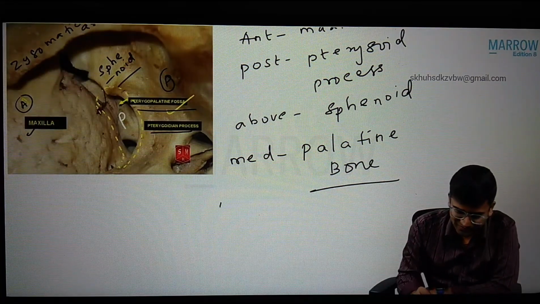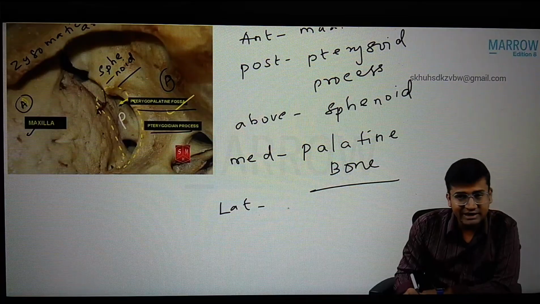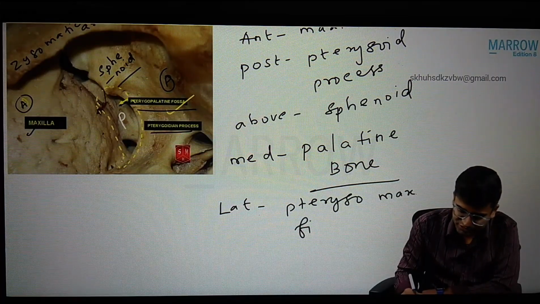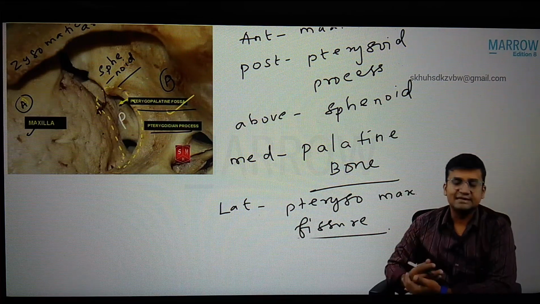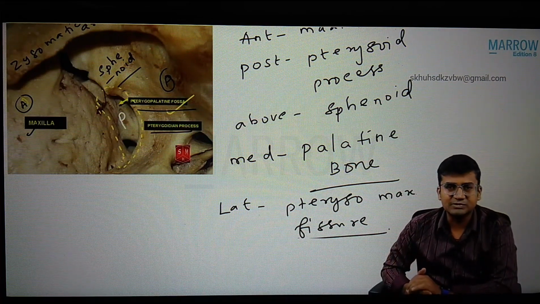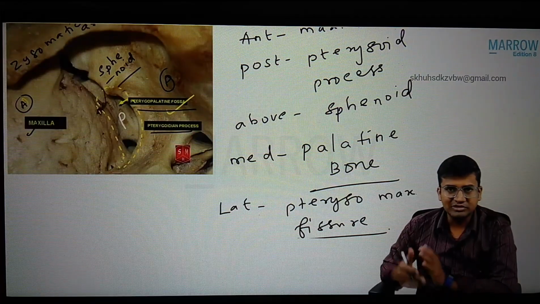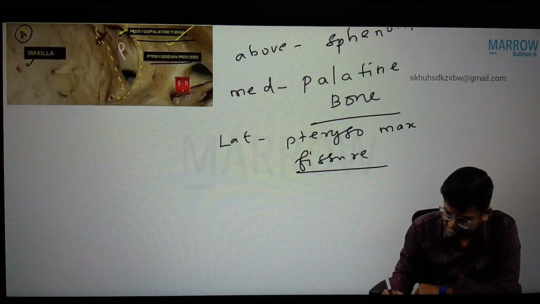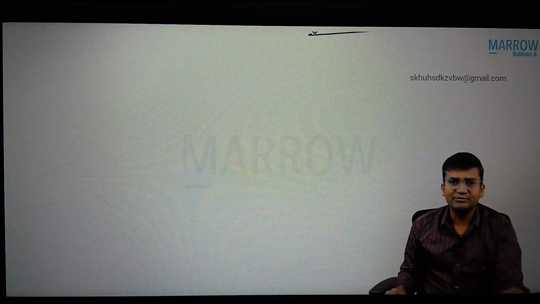And laterally, we have the fissure. What fissure? Pterygomaxillary fissure. Okay, right. So this is the boundary for the pterygopalatine fossa, sphenopalatine fossa, the fossa between the sphenoid bone and the palatine bone. Okay, right.